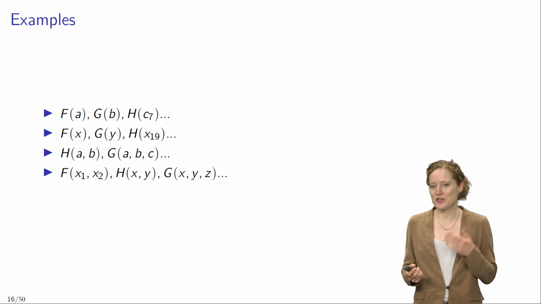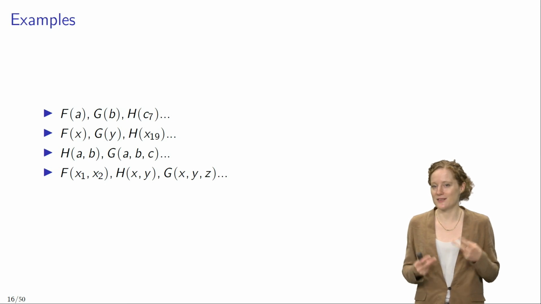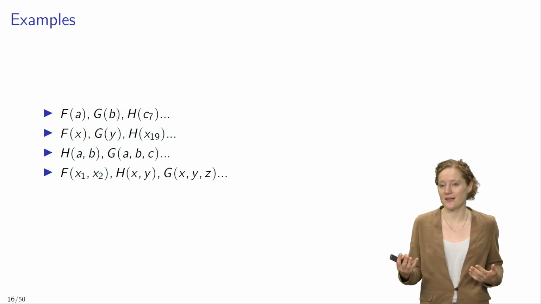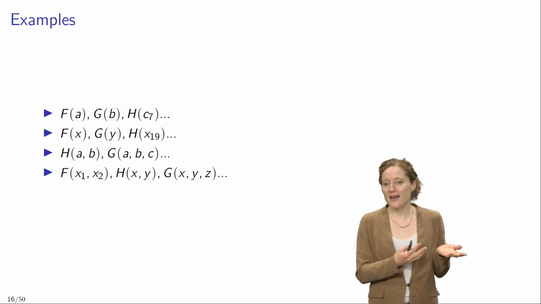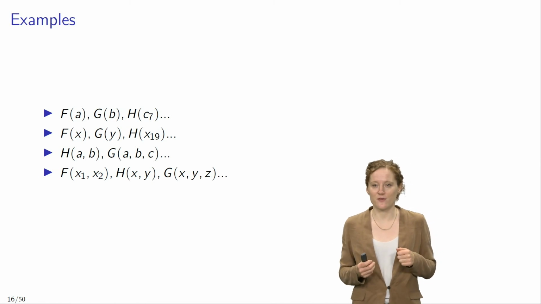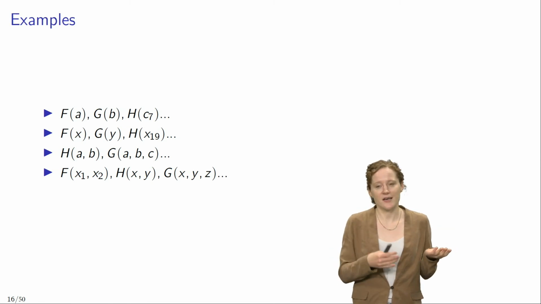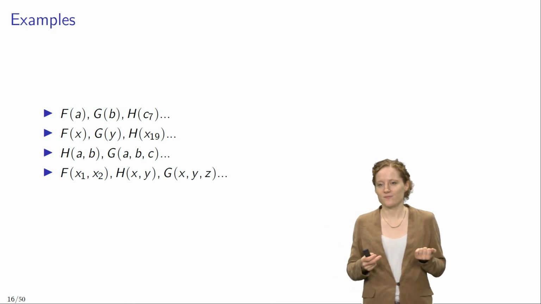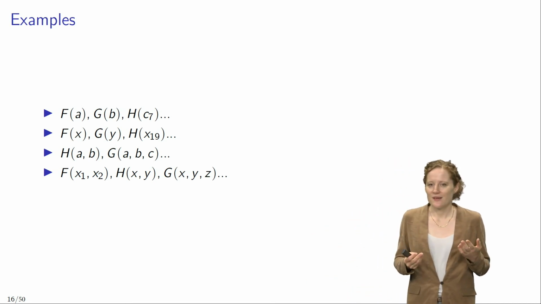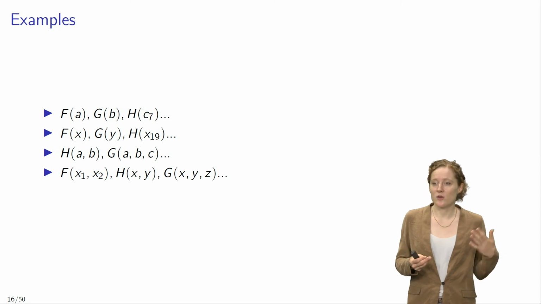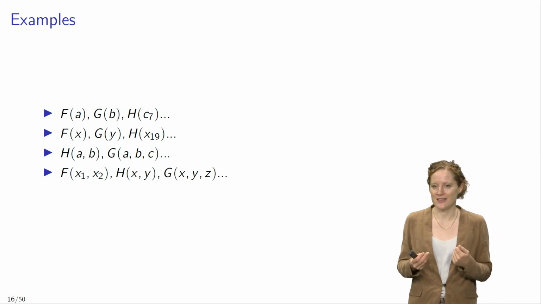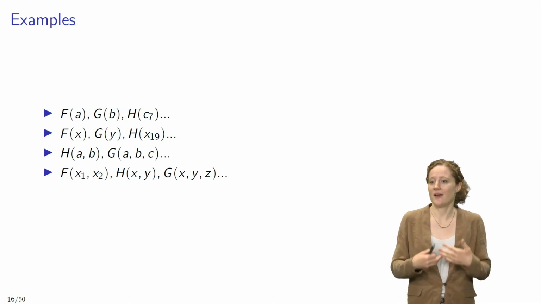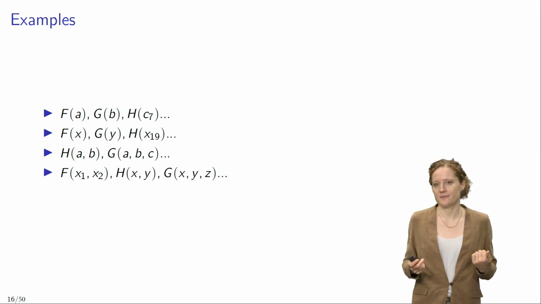Here I've taken the two-place predicate F and applied it to two variables, x1 and x2, or H, x y is an atomic formula, or G, x y z is an atomic formula, and so on and so forth. Similarly, F a x would also be an atomic formula. So I can apply a two-place predicate to a name and a variable, and the result is an atomic formula.